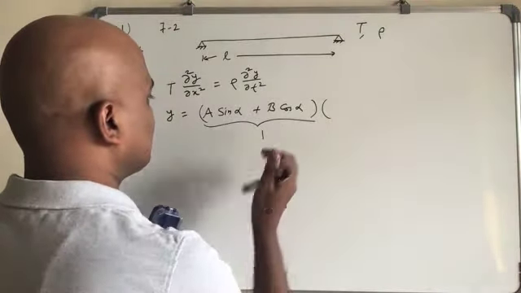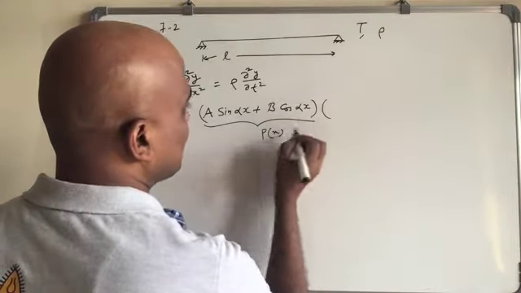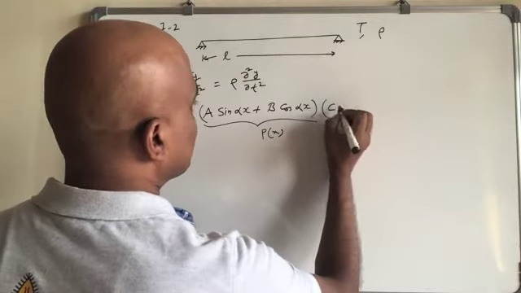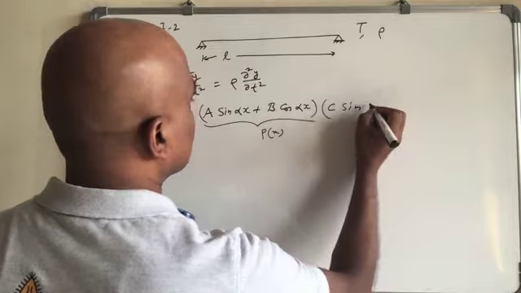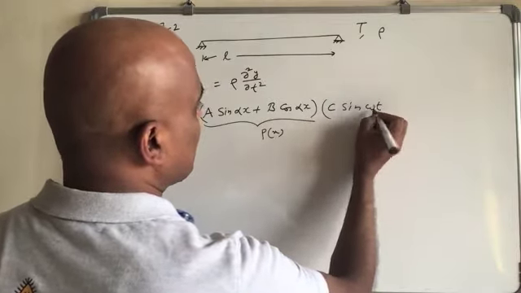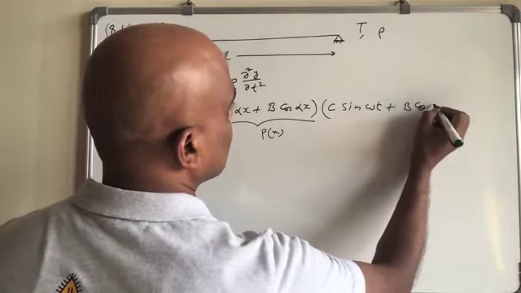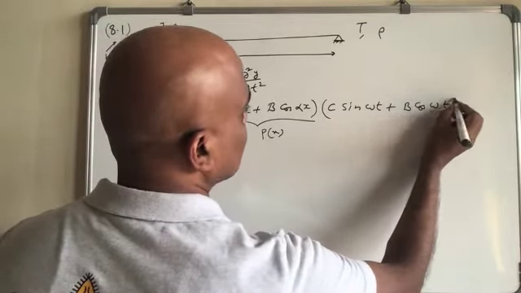So this alpha x part we call p of x, and then we had the second part, let's call this c sine omega t, or omega n basically, plus b cos omega t.